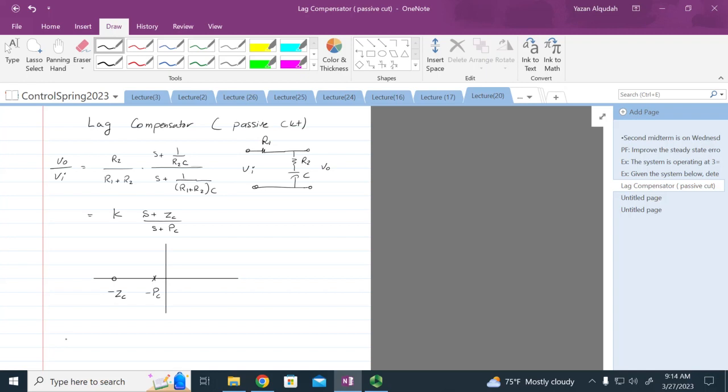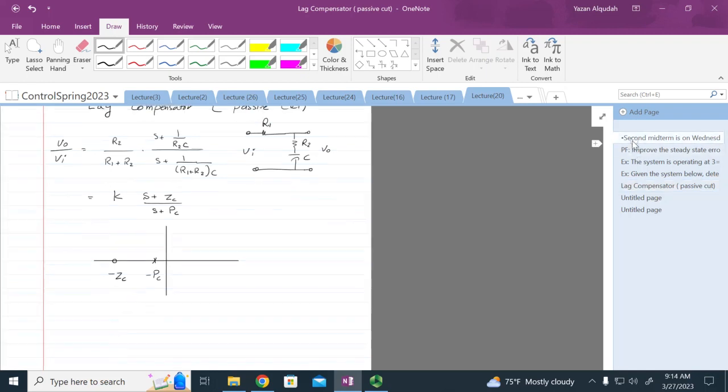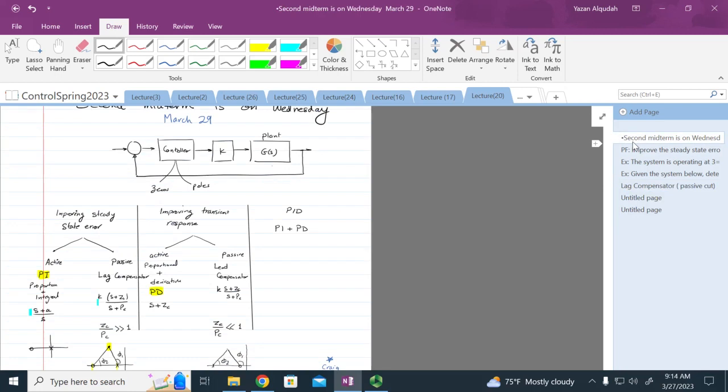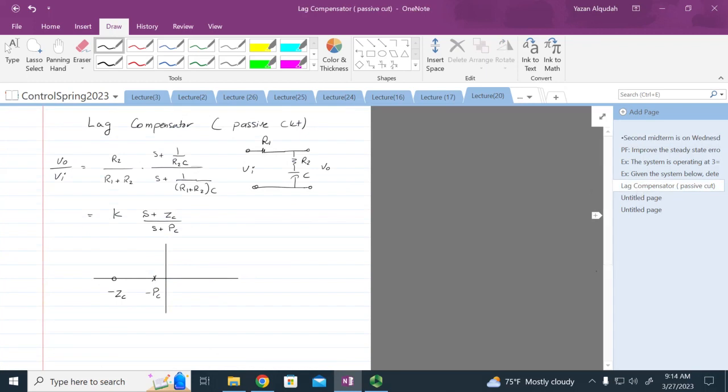But we can tell, looking at this circuit, by similarity to the first circuit we looked at, where we had the pole here and the 0 here, we improved the steady state error. So we're going to expect the same thing. This is also going to improve the steady state error. Okay.